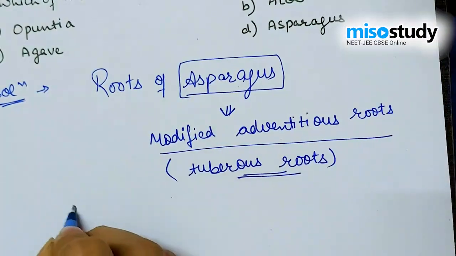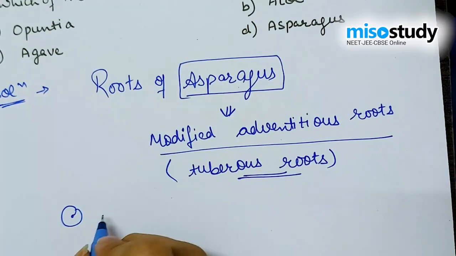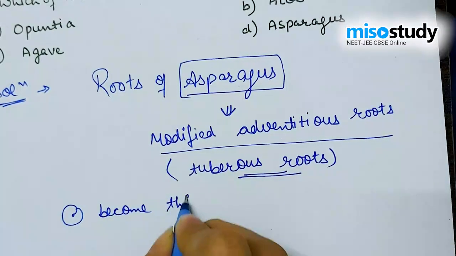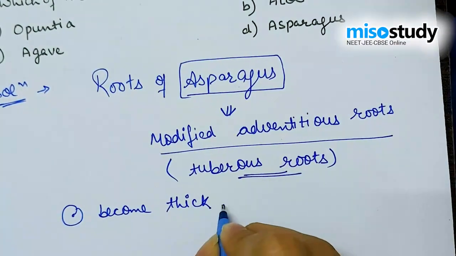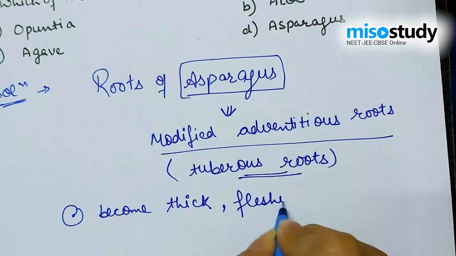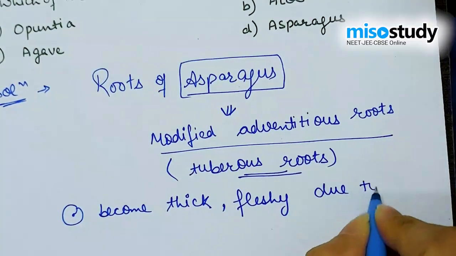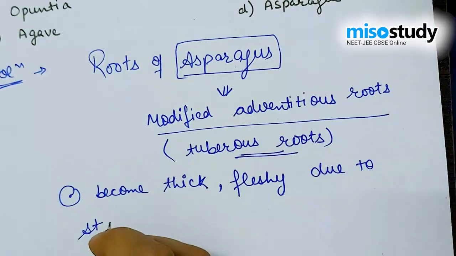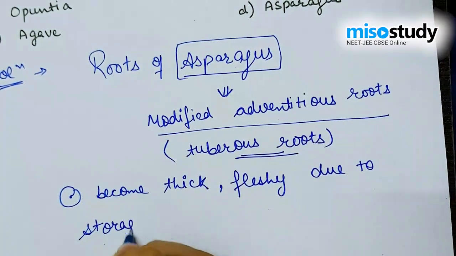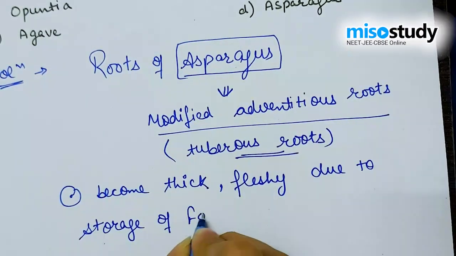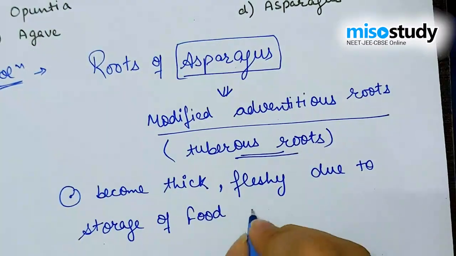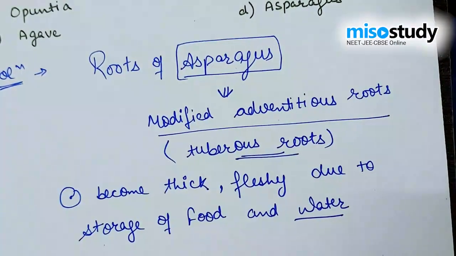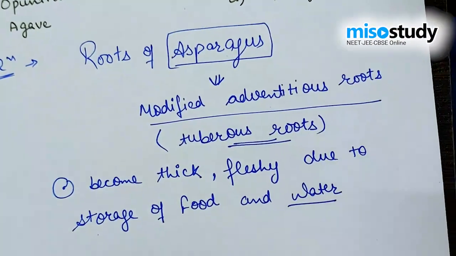Why are they known as tuberous? Because they become thick and fleshy due to storage of food and water in them.